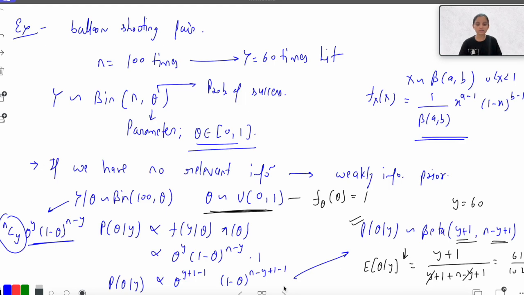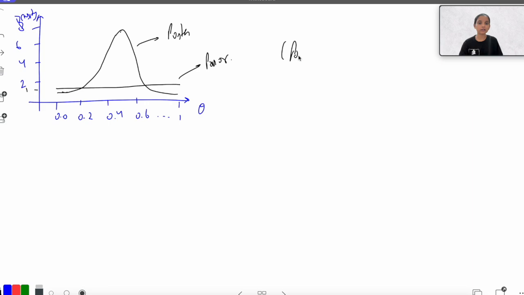Okay, now let's say if you have any information, because this uniform distribution is representing the prior ignorance.